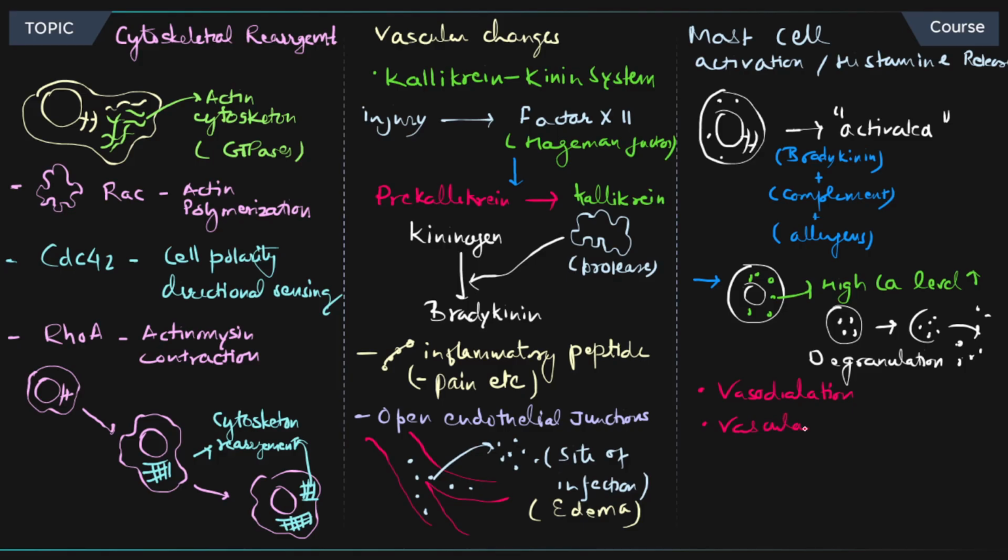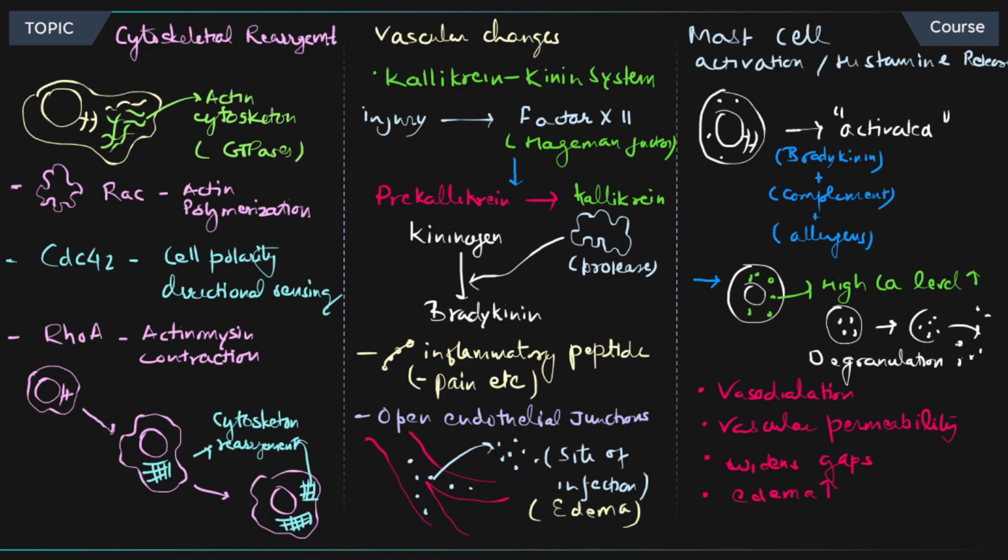You have vascular permeability that is going to happen immediately. You have gaps that are going to enhance in the blood vessels. It widens the gaps, and then high edema is going to happen. So you have a lot of swelling in that region. That is happening because of all these molecular pathways, and they are playing an important role in inflammation.